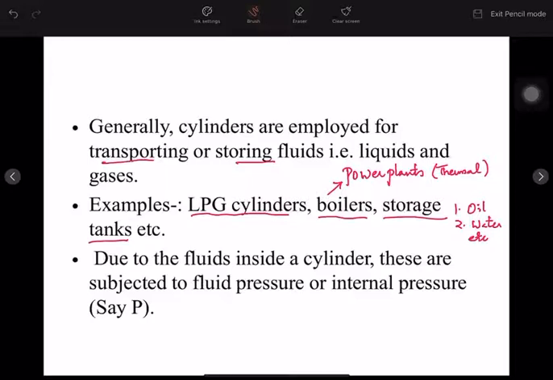So what happens to these cylinders because of the storage of such fluids?